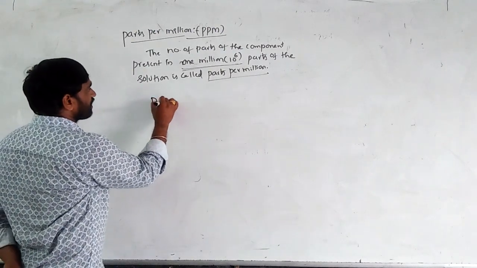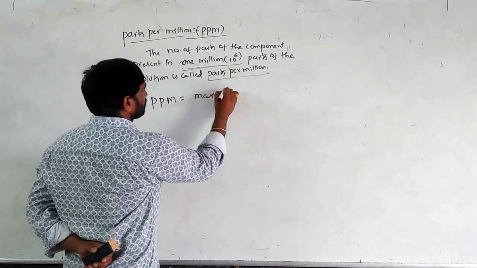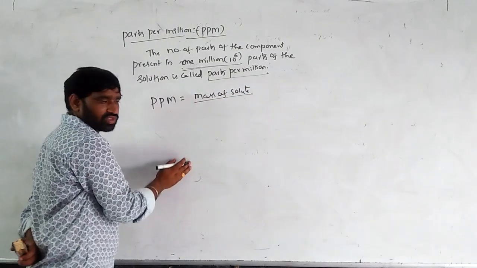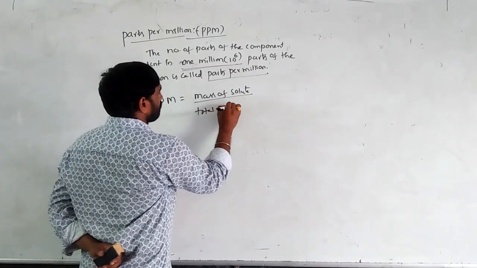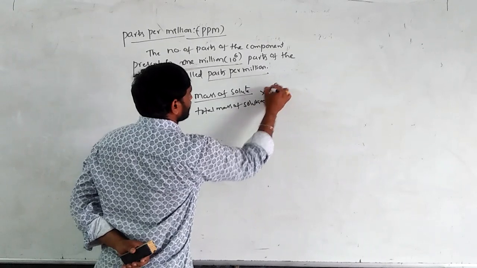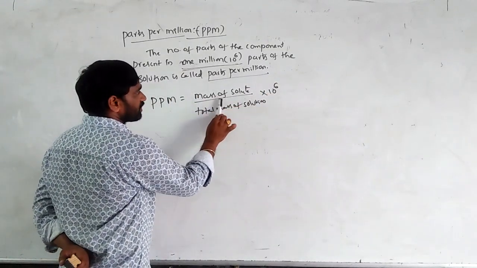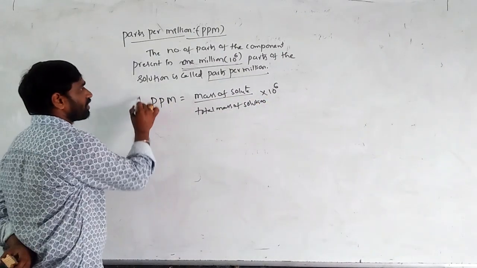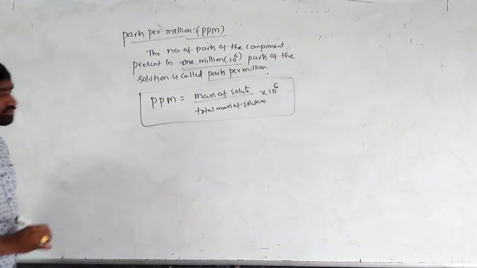That means parts per million equals mass of solute, mass of one component to the total mass of solution into 10 power 6. So this is parts per million.